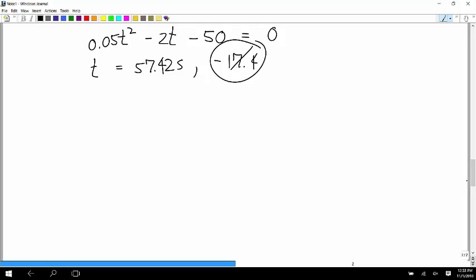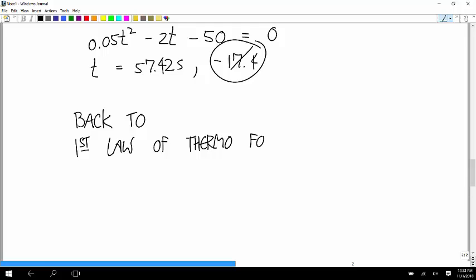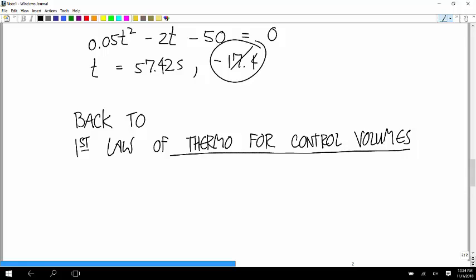So we've done, so back to the first law of thermodynamics for control volumes.